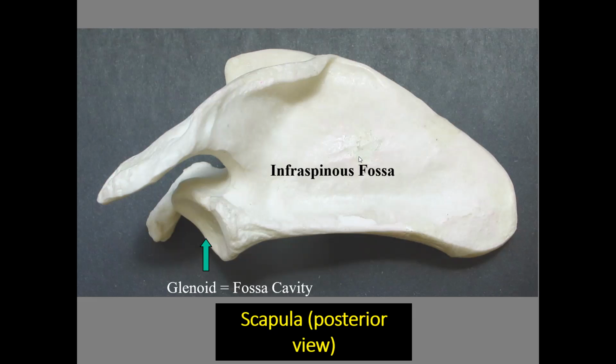We're held in place. Everything is held in place thanks to ligaments and tendons and the muscles themselves that surround the shoulder. But there's where the head of the humerus, the bone of the upper arm, is.